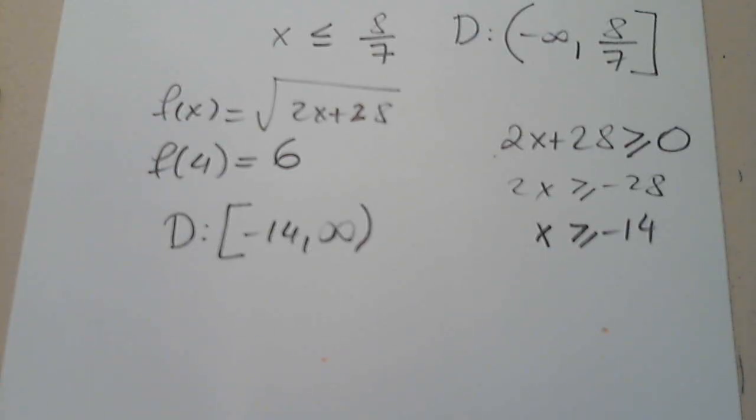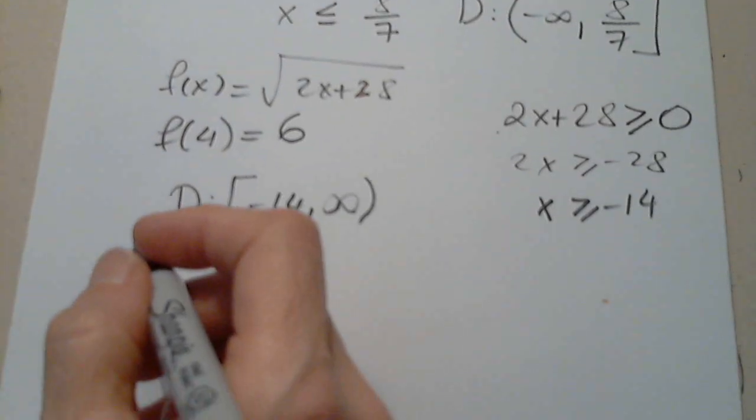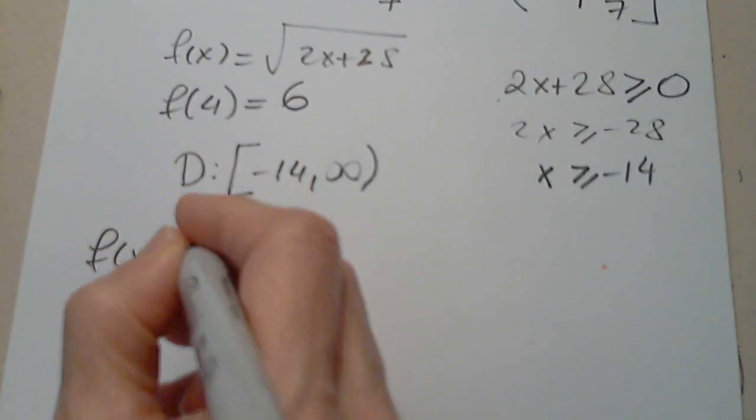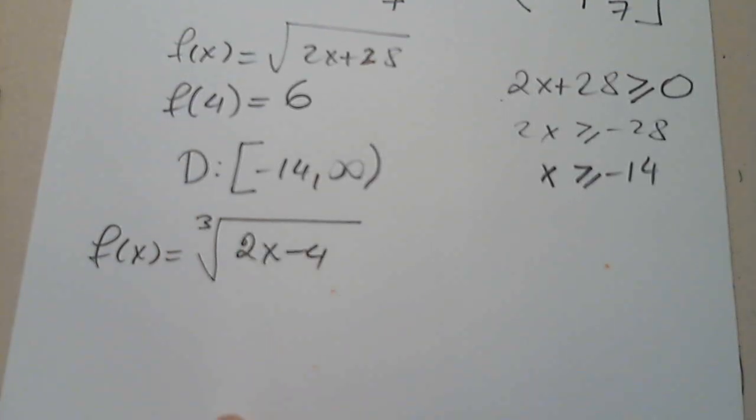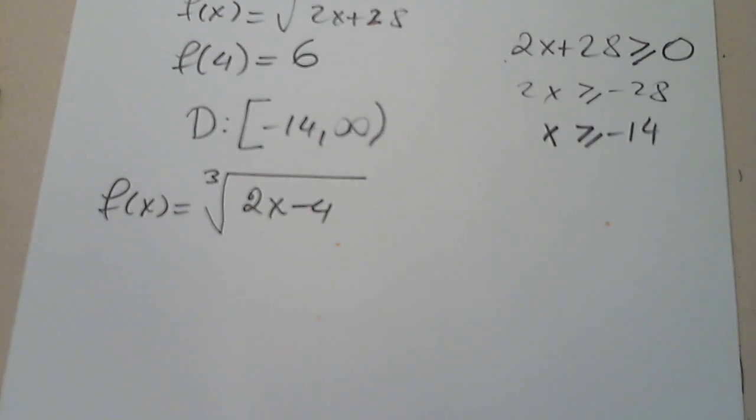Any questions on this problem, please? What about the domain on this function, the cube root of 2x minus 4? How do I determine the domain of this function?